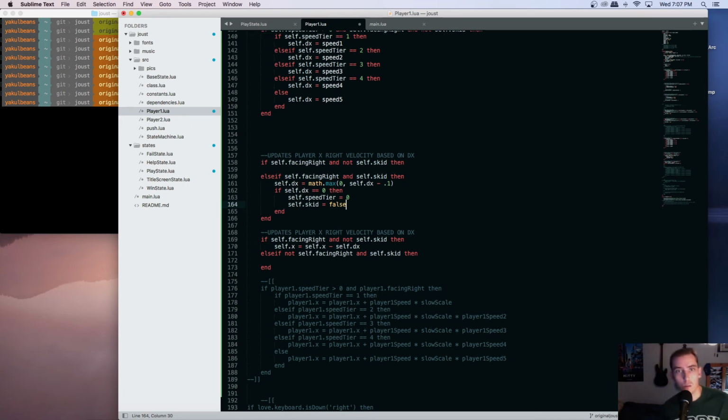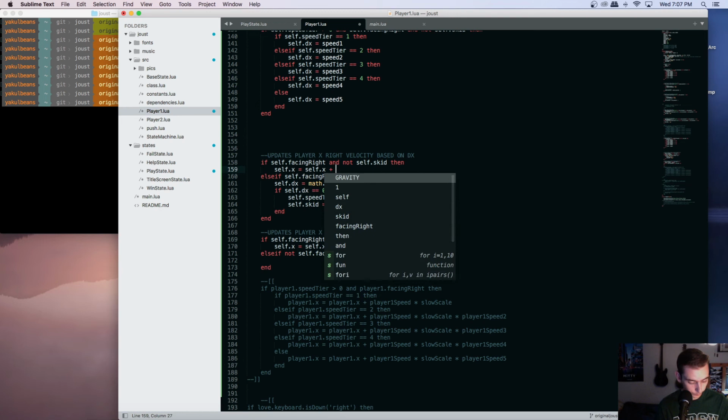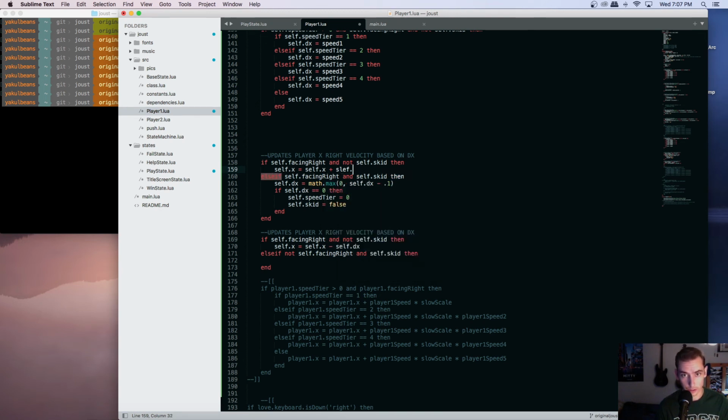Then we need to do, if it's facing right and it's not self-skid, then we just need to say self.x gets its current x plus its velocity.